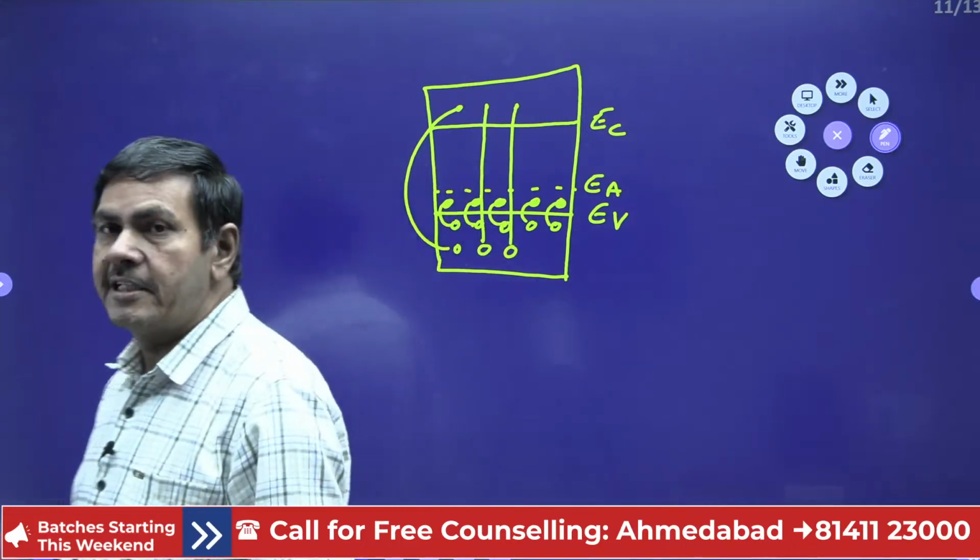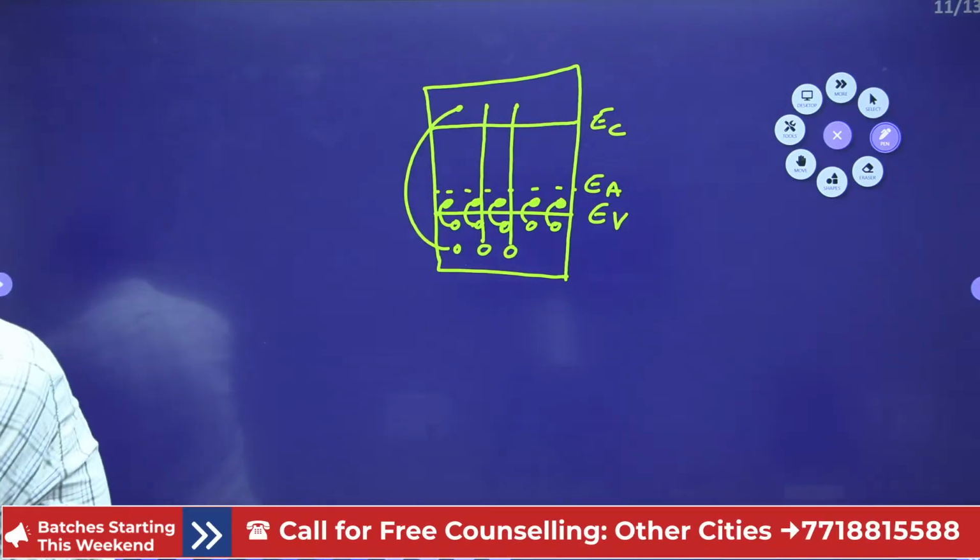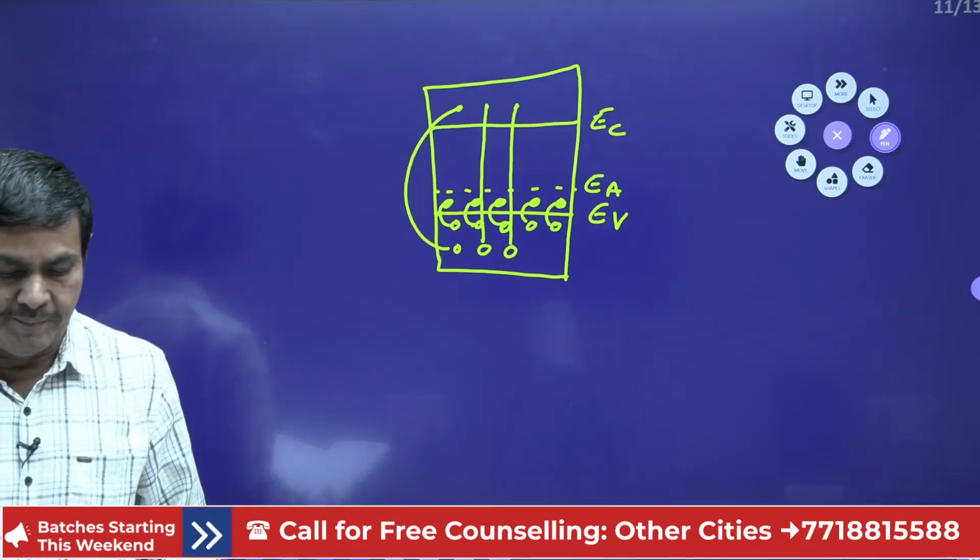But how you can determine the hole concentration, that is more important. The hole concentration in a p-type extrinsic semiconductor is calculated by the formula I will give here now.